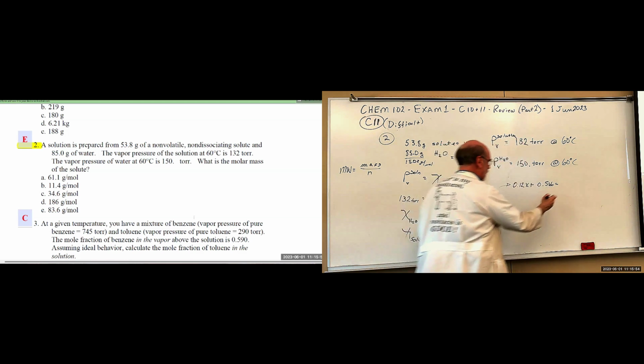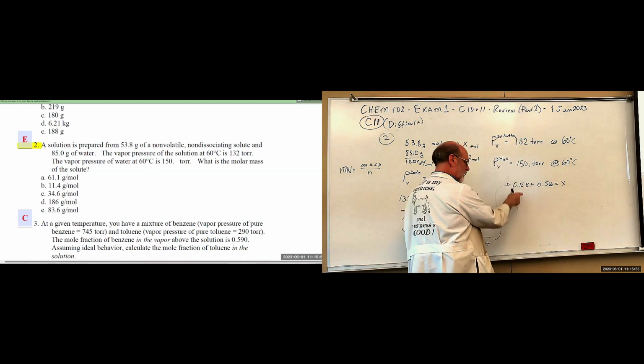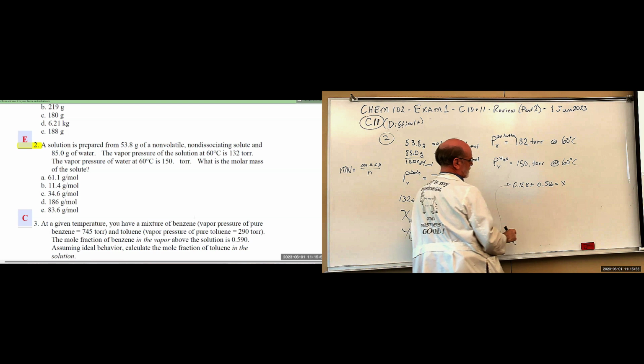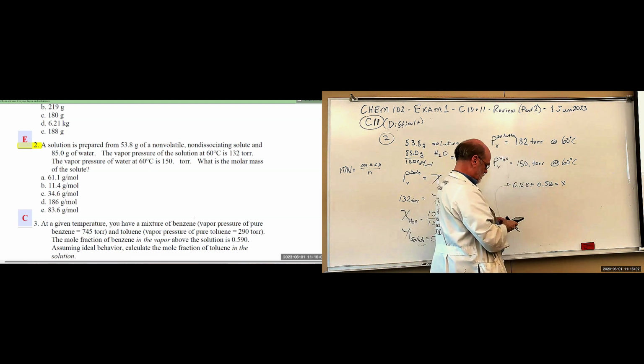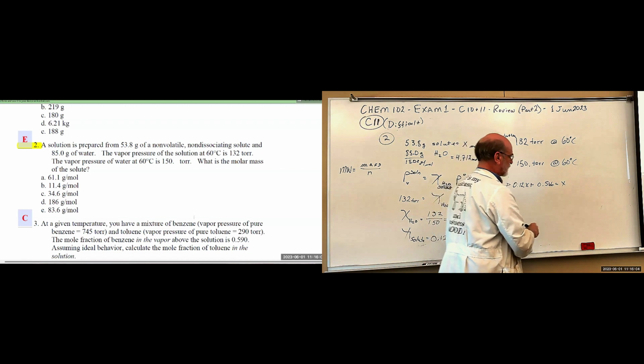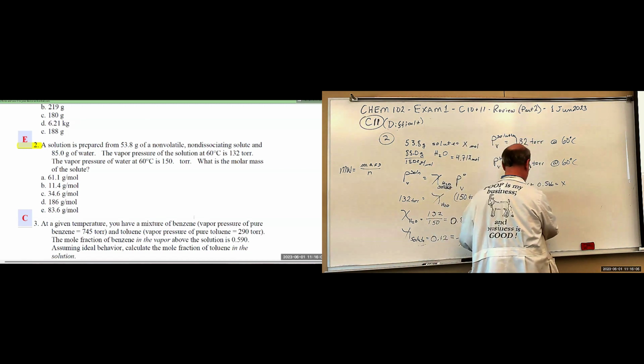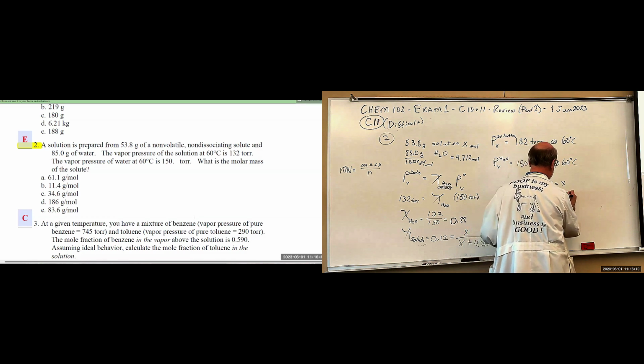And that's equal to X. Now we get X on that side, so it becomes a negative over here. So it's 1 minus 0.12, which is 0.88. So 0.566 equals 0.88x.